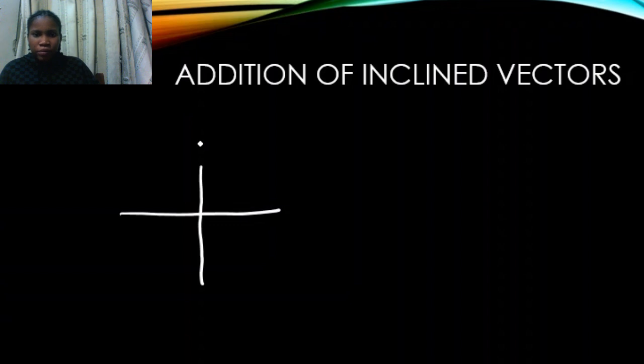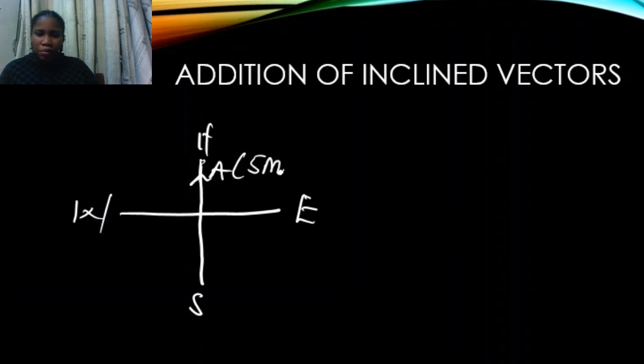So in that case, taking this north, south, east, and west, a vector A moving due north at 5 meters per second and body B moving due east at 6.